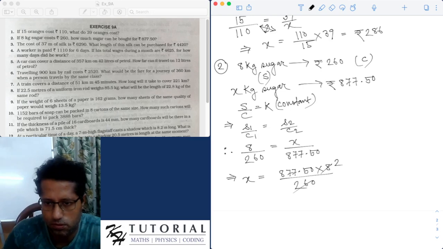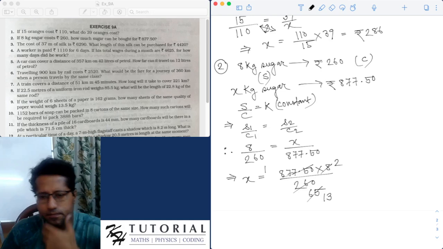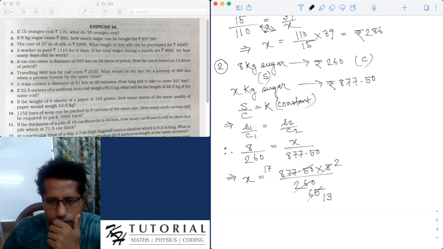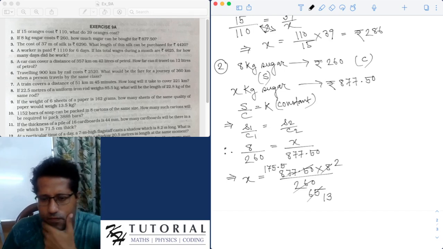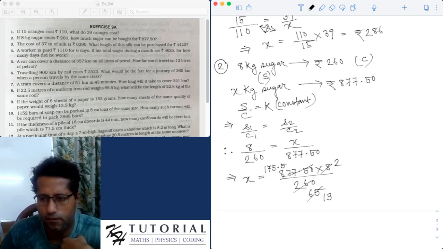If I divide this by 5, this is 13, and this is 175.5 into 2 by 13. I think this is 351 by 13.